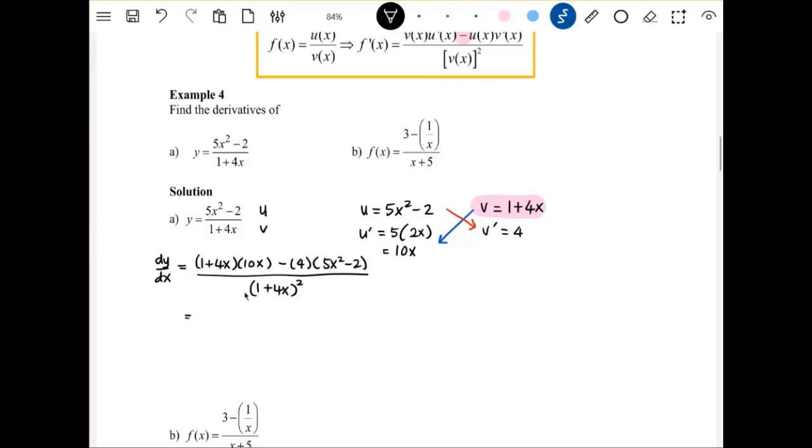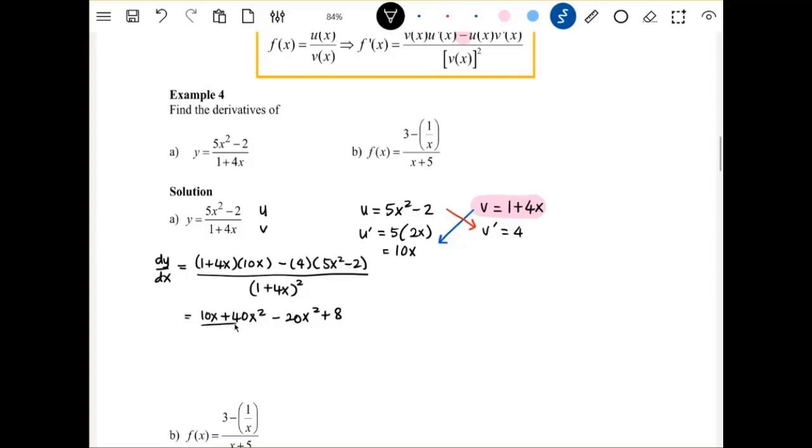Okay, so we have to expand the whole thing for the numerator. So kita akan dapat 10x tambah 40x square tolak dengan 20x square plus 8. So ingat kita ada negatif di luar, negatif di dalam, dia adalah positive 8.